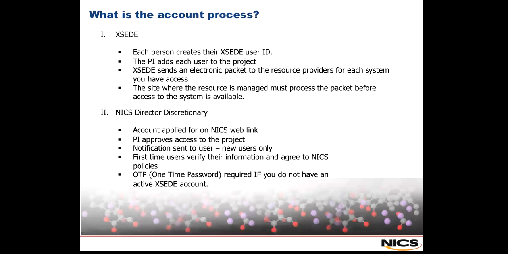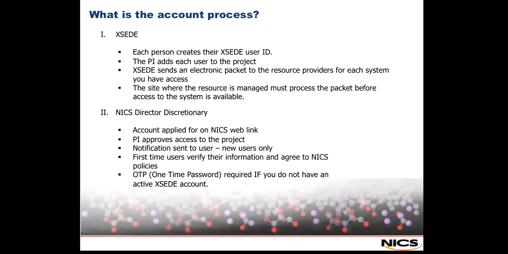The first topic, what is the account process? Well, as we saw last week, it's different for both XSEDE and NICS Director discretionary accounts. For the XSEDE account, each person has to apply for their own XSEDE user ID, and once that's complete, the PI has to put you on his project.